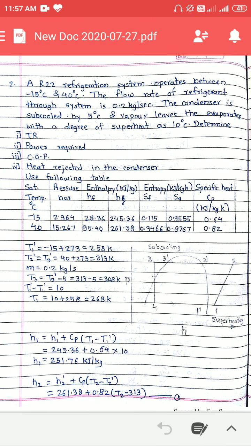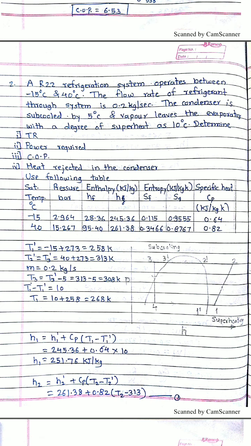And for that purpose they have given here the property table. That property table is corresponding to the temperatures minus 15 degrees Celsius and 40 degrees Celsius.